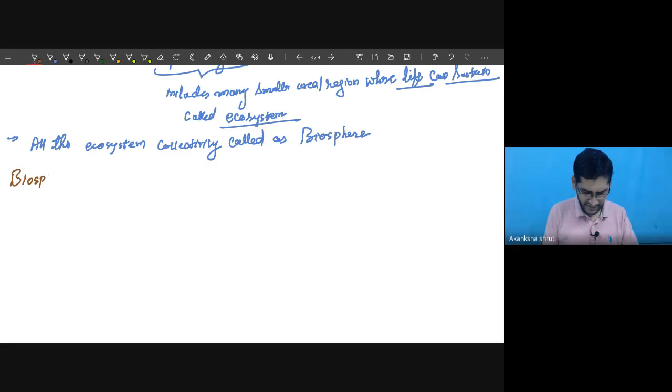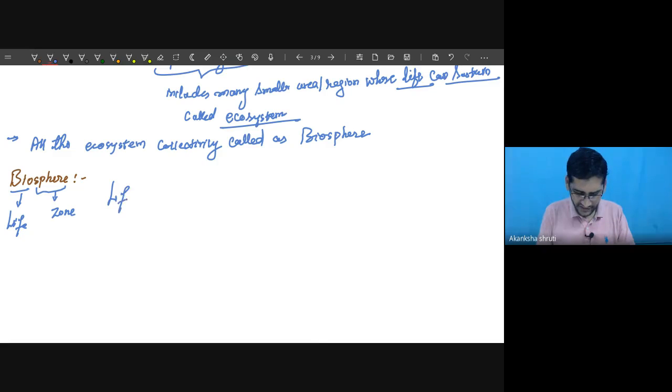Biosphere. The term bio itself indicates life and sphere means existing zone. Okay, so life existing zone is called as biosphere.